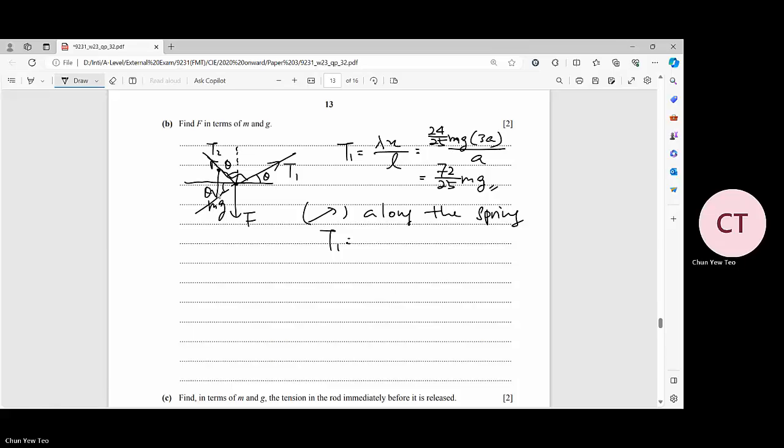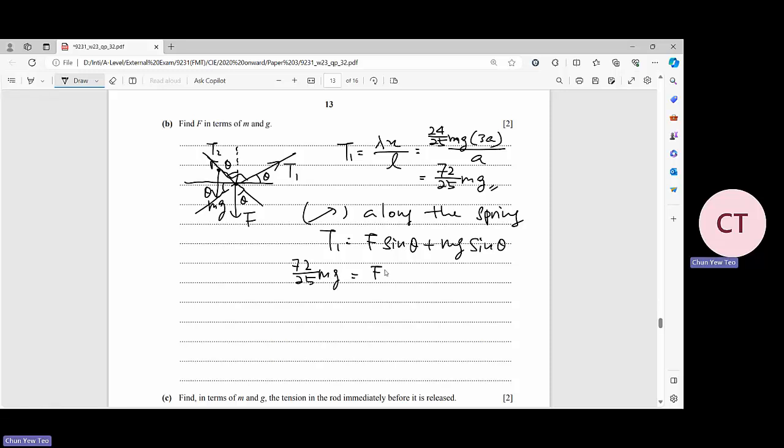This is theta. So it will be T1 is equal to F sine theta plus mg sine theta, resolving in the direction along the spring. So your T1 is already 72 over 25 mg.